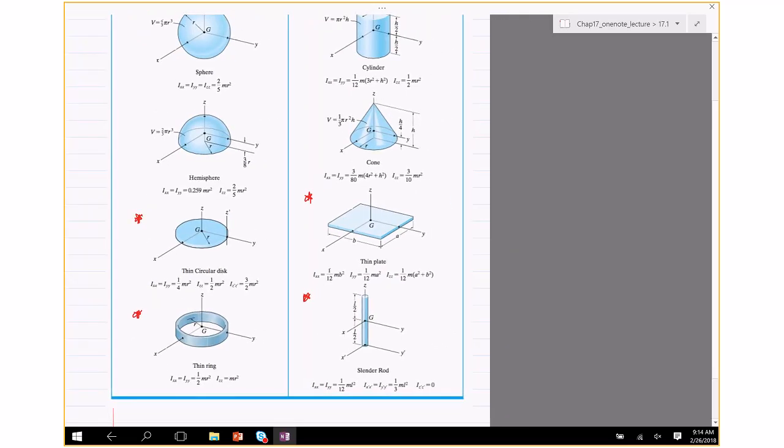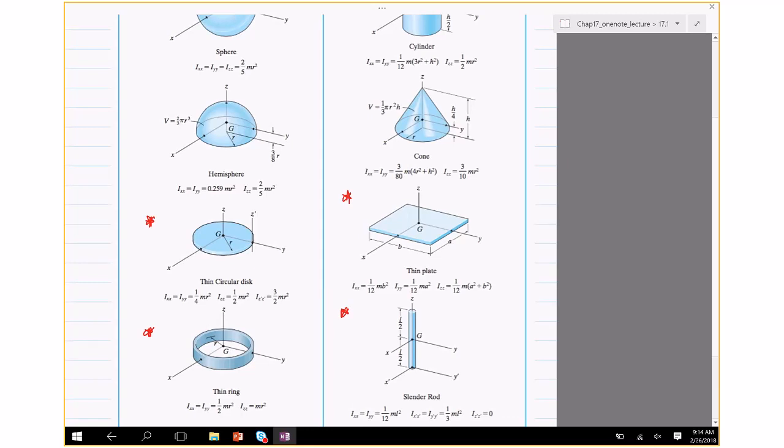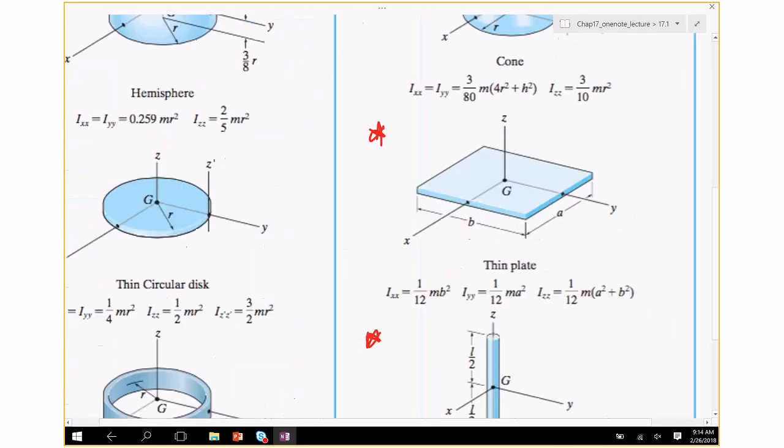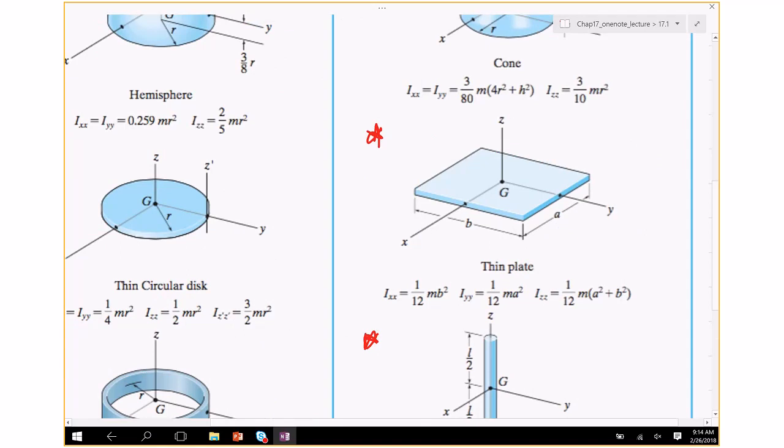Okay, if you notice this, let's look at one of these. Let's say the thin plate. Okay, you see there are 3 formulas: Ixx, Iyy, Izz. What does that mean? Ixx is the inertia about this axis. So when the plate rotates about the x-axis, that's the inertia you're going to use.